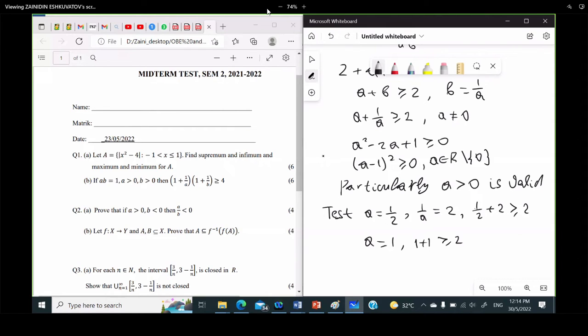So also valid. So any value you can give the A, you can get this inequality. Okay, so this inequality is correct for positive A, and for the positive B as well, because if A is positive, from this relation, you can see B is also positive.